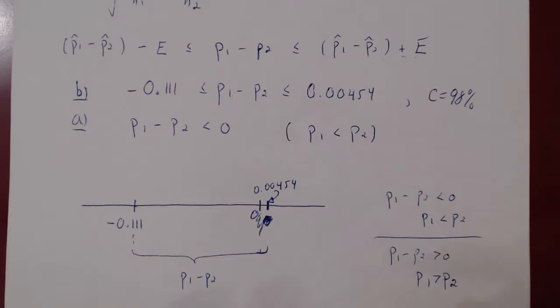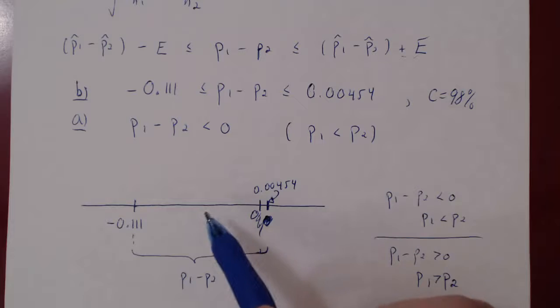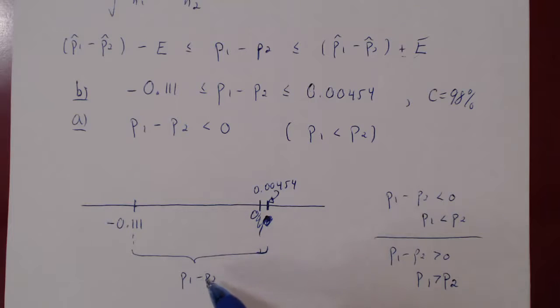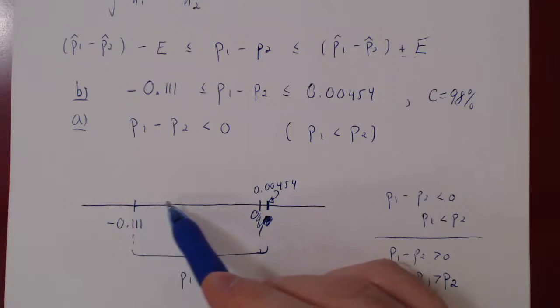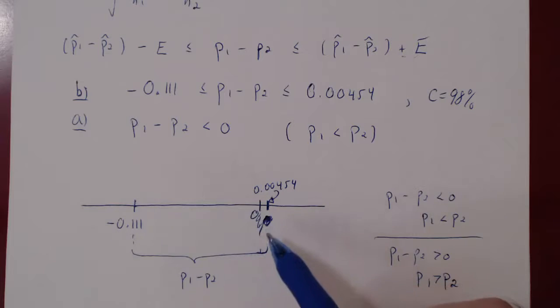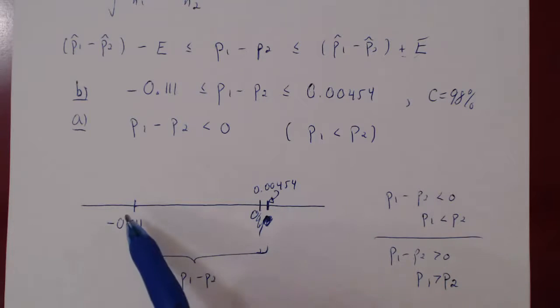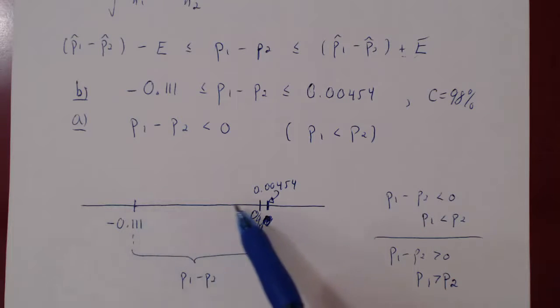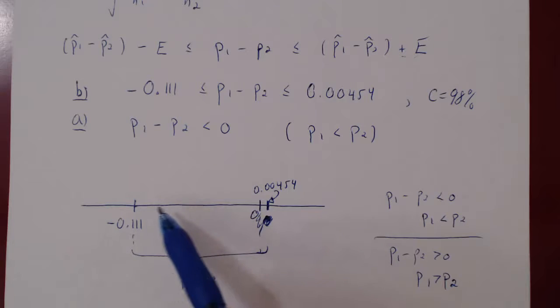But if you think of it, if you use your intuition here, you're saying, well, if you play the odds, is P1 minus P2 more likely to be in the negative part of your interval or in the positive part? Well, the negative part is much larger than the positive part.